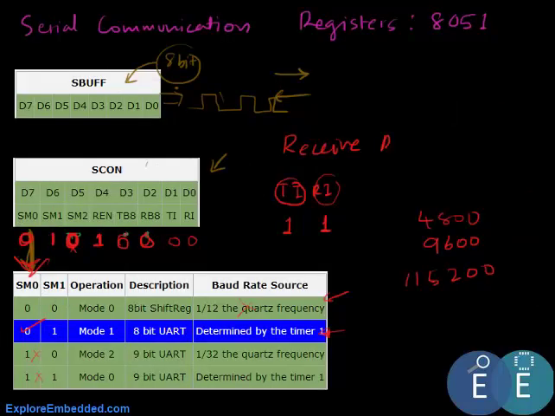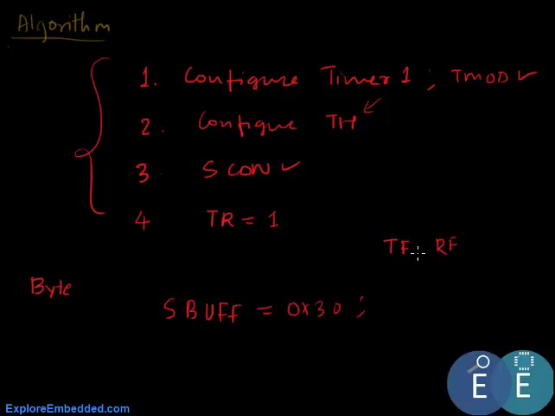So we have two flags which tell us whether transmission is completed or not. This is TI and RI. If you want to transmit, we load it in SBUF and we wait till TI becomes 1.